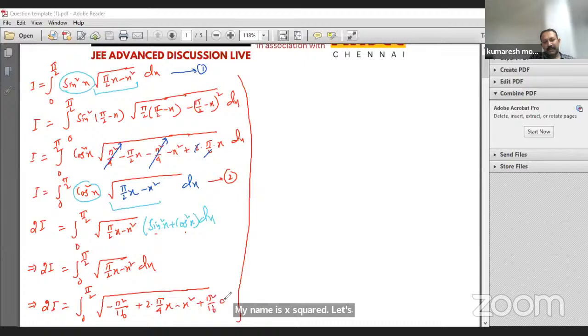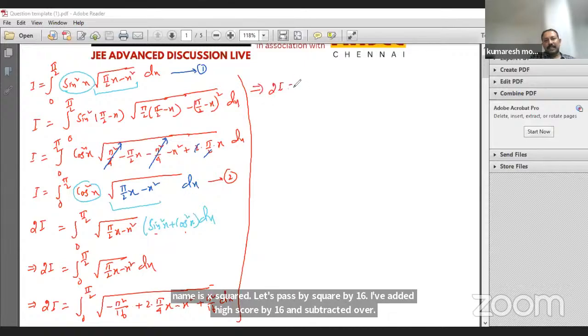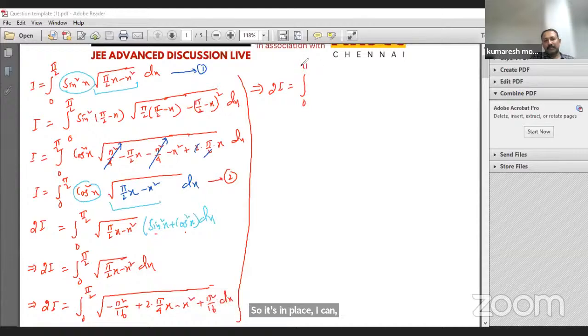I've added pi square by 16 and subtracted over here. So which implies we can write 2I is equal to 0 to pi by 2, root over of pi square by 16 minus, common, we'll get a square minus 2ab plus b square, a minus b the whole square.